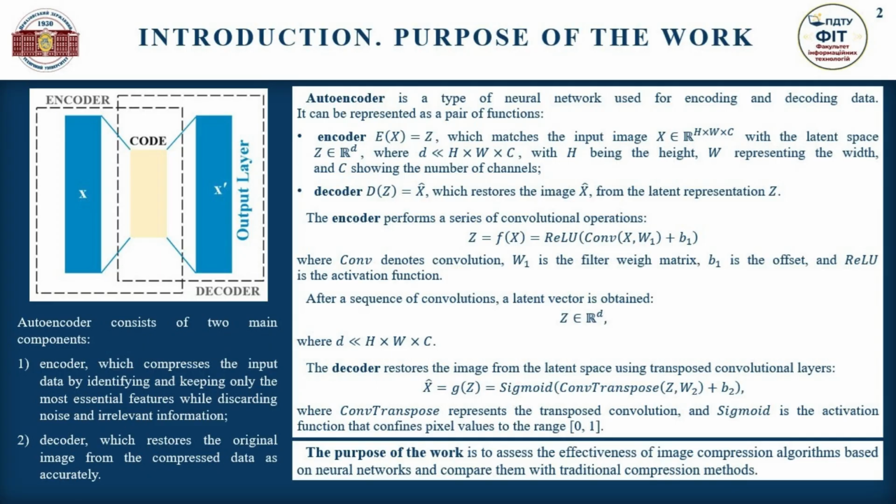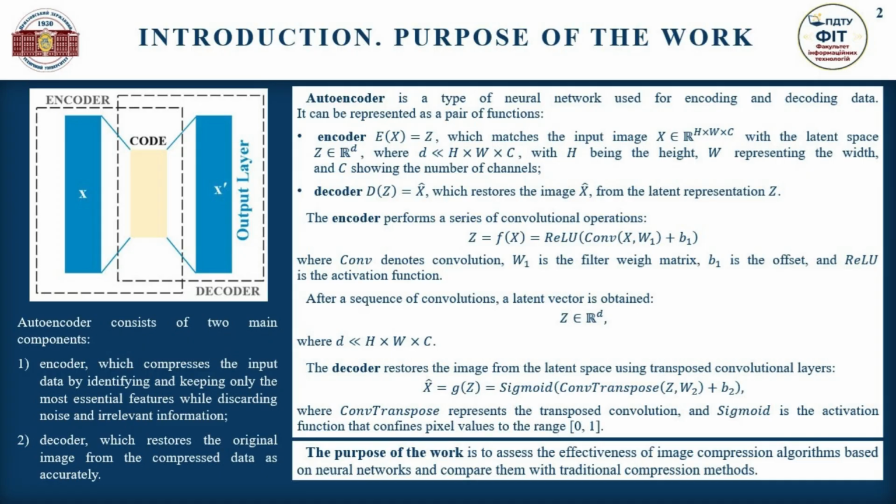Decoder, which restores the original image from the compressed data as accurately as possible. The main advantages of autoencoder include the ease of implementation and configuration, as well as adaptability to different data types.